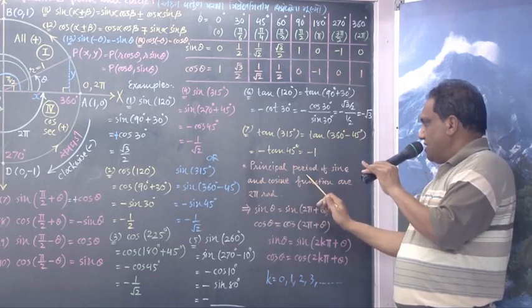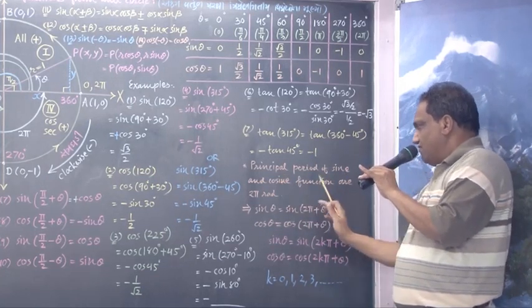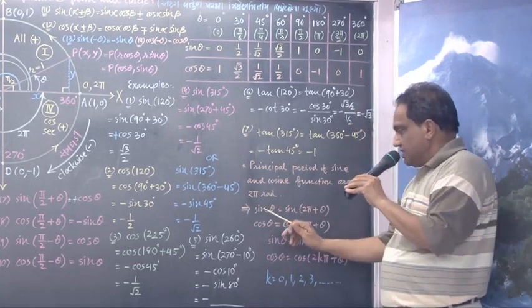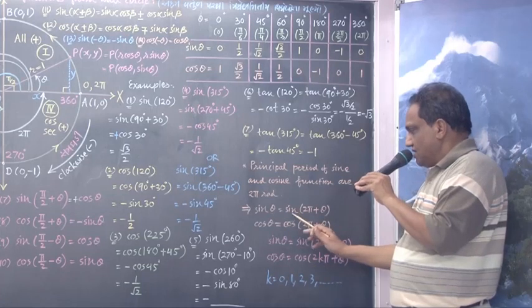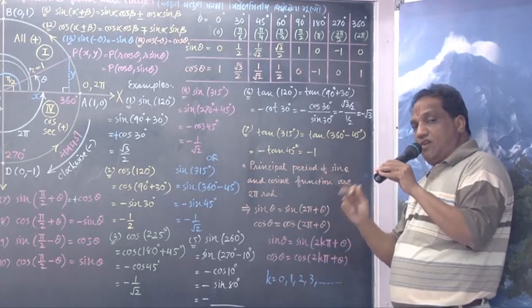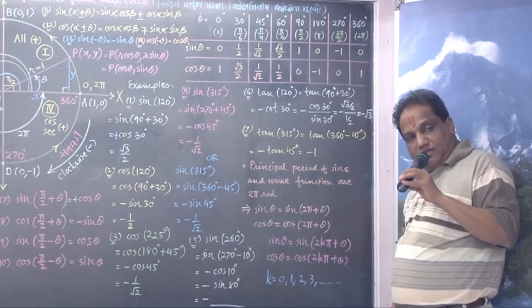Remember, the principal period of the sine and cosine functions is 2 pi radians. So sin theta is equal to sine of 2 pi plus theta. You know why?